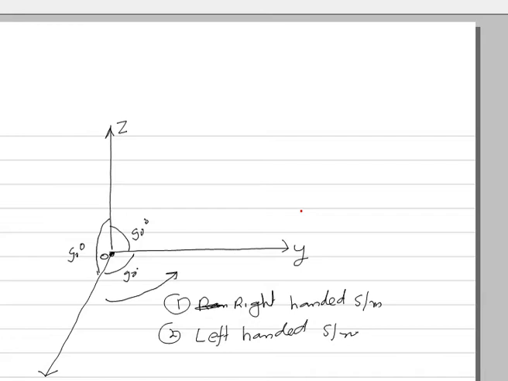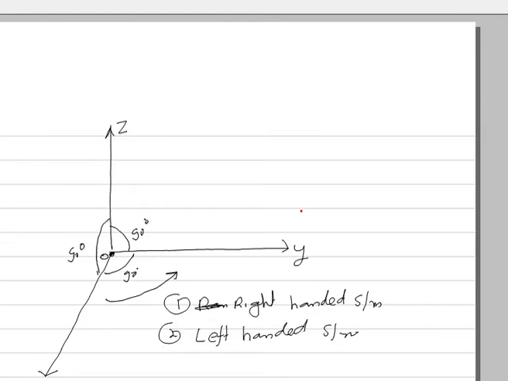The Cartesian coordinate system can also be understood with the help of the right hand. In the right hand, the thumb indicates the x-axis, the forefinger indicates the y-axis, and the middle finger indicates the z-axis, when the three fingers are held mutually perpendicular to each other.